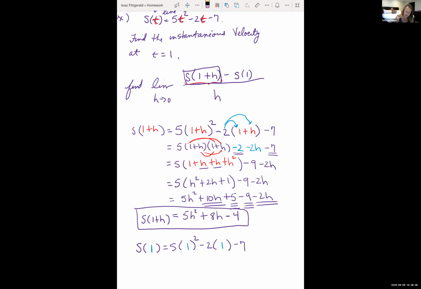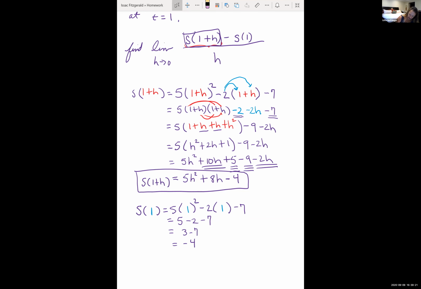Order of operations, exponents first, 1 squared is 1. And then 1 times that 5 in front of it gives me 5. -2 -7. So working left to right, adding or subtracting, 5 minus 2 is 3, and 3 minus 7. Well, 7 minus 3 is 4. Larger one had the negative. So this would be negative 4. So this is what our S of 1 is.